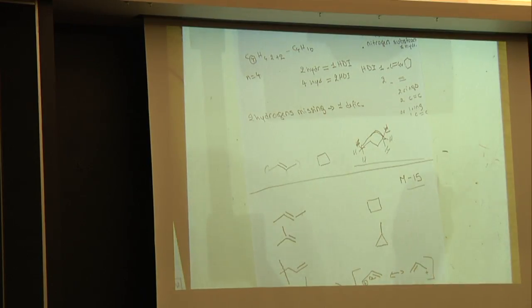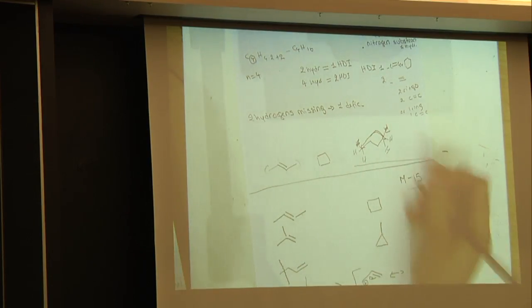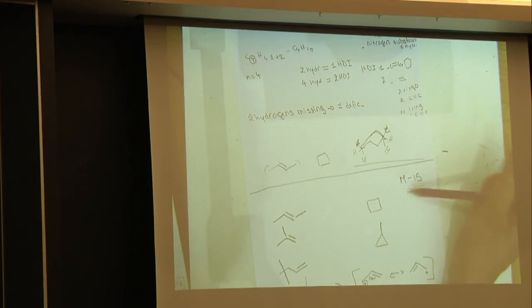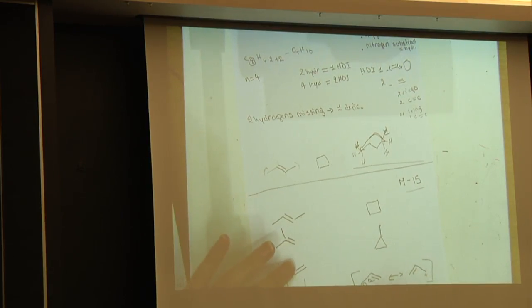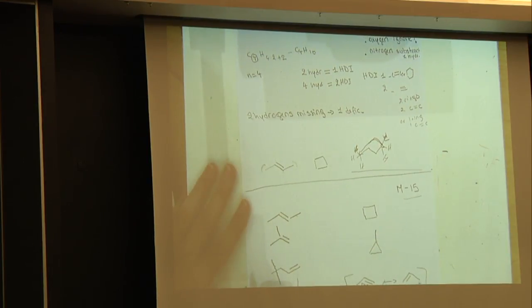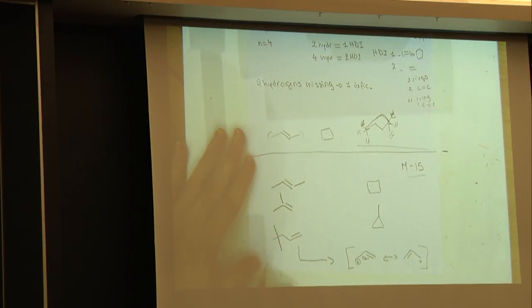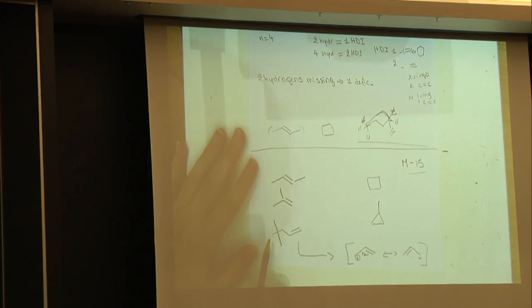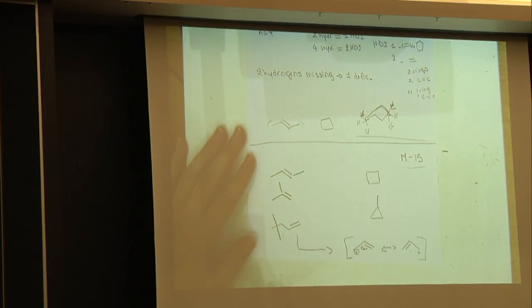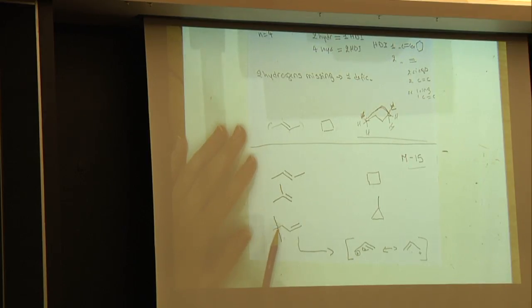So this is really the one that's going to exhibit a strong signal at M-15. Yes, because of this resonance structure. Yeah, fragmentation will favor your most stable fragments, right? So this is the compound of interest, which is just butene or 1-butene.